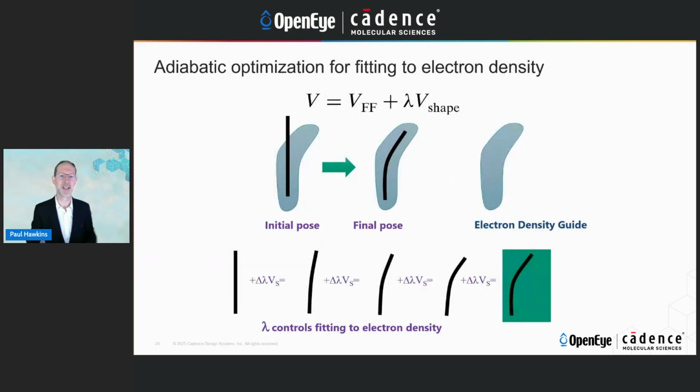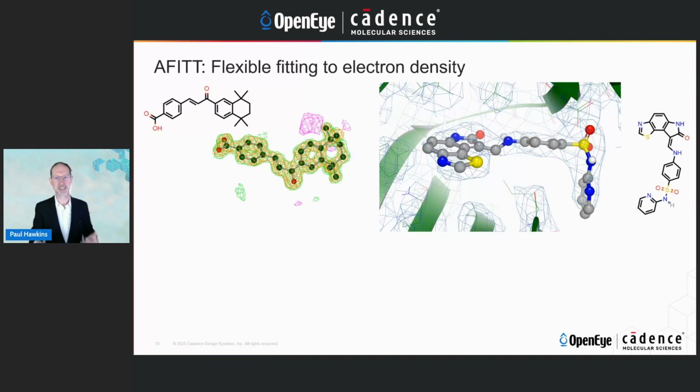So our goal here is to fit a molecule, a ligand, into electron density in such a way that the conformation, the pose of the molecule, has low molecular mechanics strain. And to do that, we use this control parameter lambda, where we slowly and steadily increase the influence of shape in the final potential so that we get a good fit to density while returning a low strain conformation for the small molecule that we're fitting. And that is the basis of our engine AFIT, which works very nicely to fit into all sorts of density, example shown here, including this one.